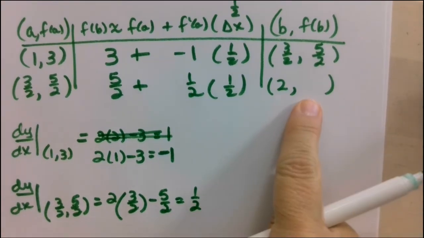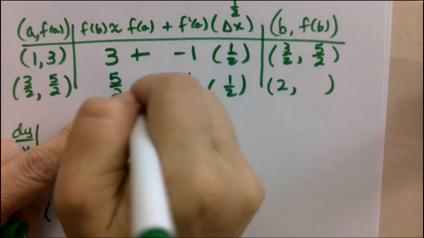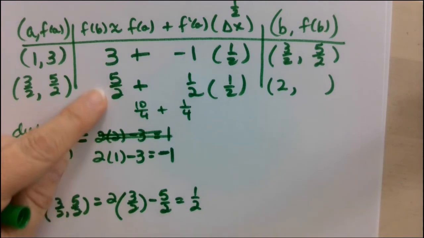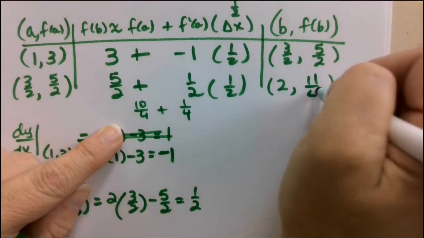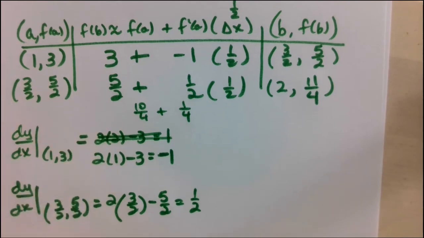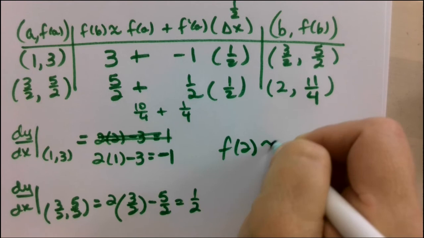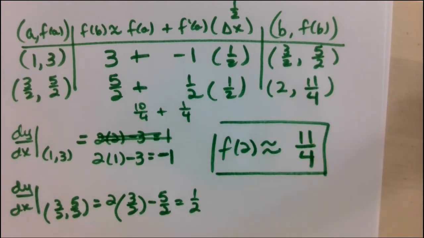And so to calculate my new f of b, I have 5/2 plus 1/4, which would be 10/4 plus 1/4 if I change that to fourths to get a common denominator. And that's going to give me 11/4. And so with Euler's method, we're saying that f of 2 is approximately 11/4.